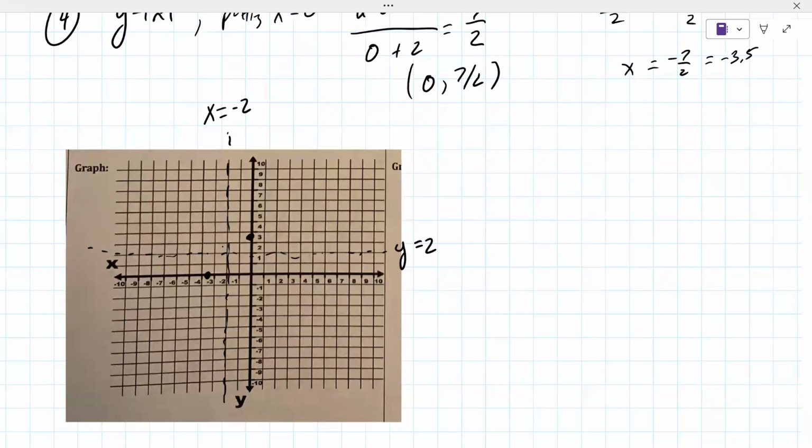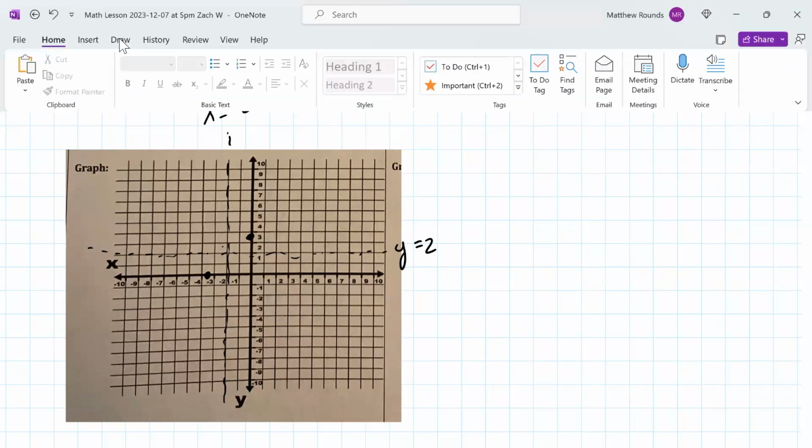So -3.5 and positive 3.5. So then, are those all the points I need to put on the graph before I make the lines? It would be for me.